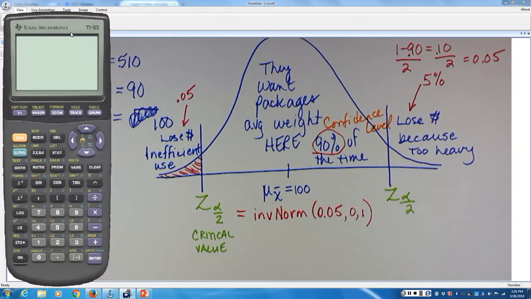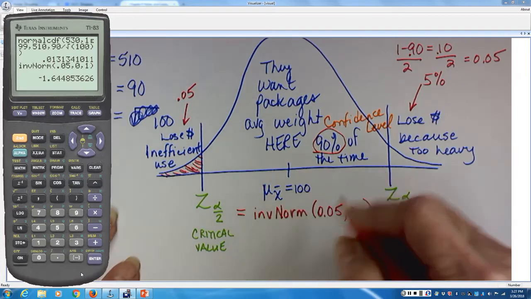Inverse norm 0.0501. That'll tell me how many standard deviations below the mean I am. And that tells me I'm about 1.64. We'll just round that off to 1.64.